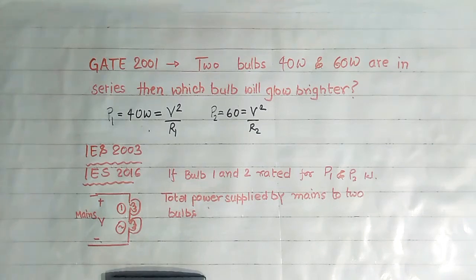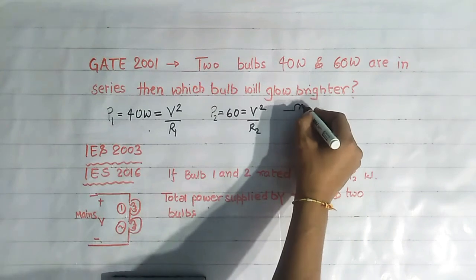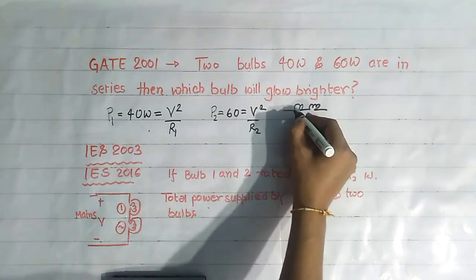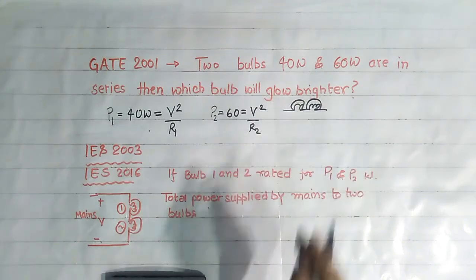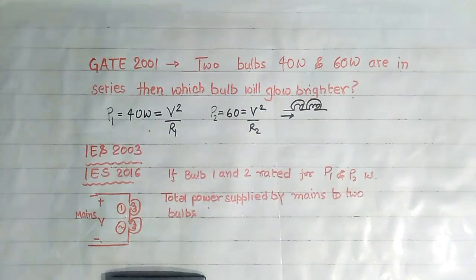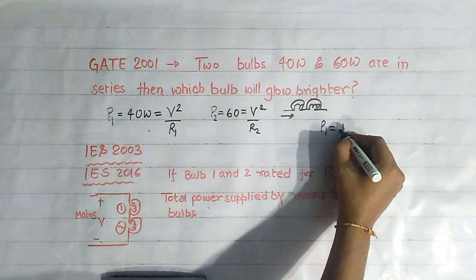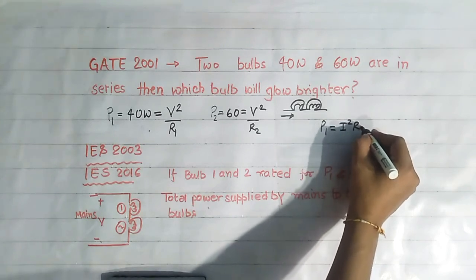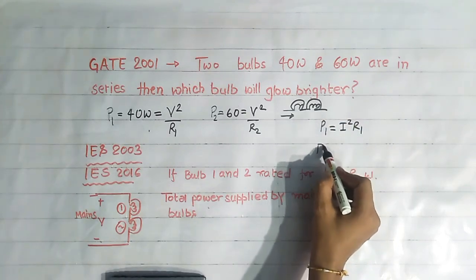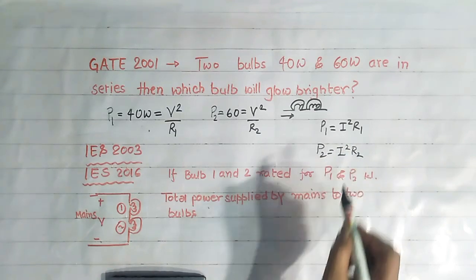Now, when these two bulbs are connected in series, then current through both bulbs will be same, because they are in series. Now for the comparison, we will write the formula of power, that is P1 is equals to I square R1, and what is P2? That is equals to I square R2.